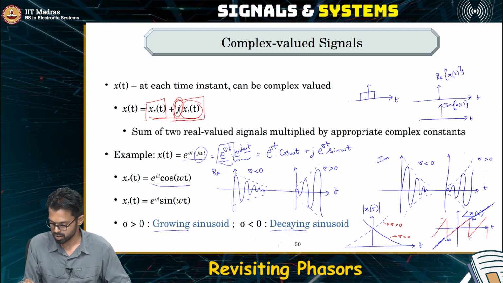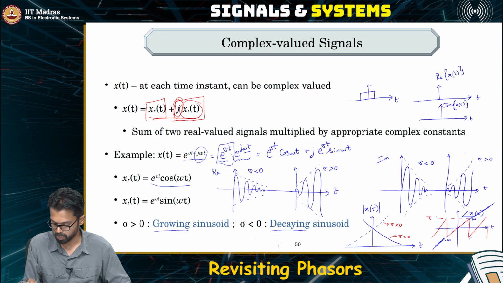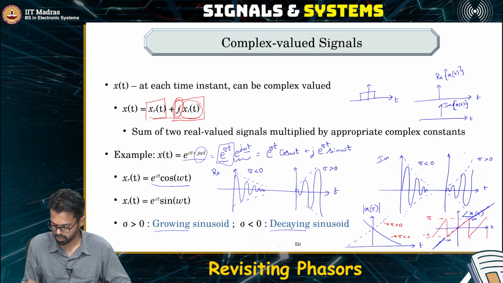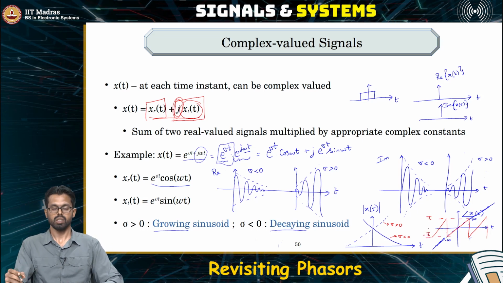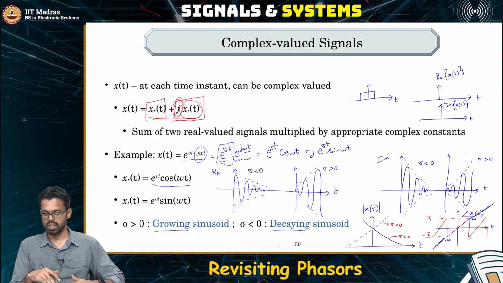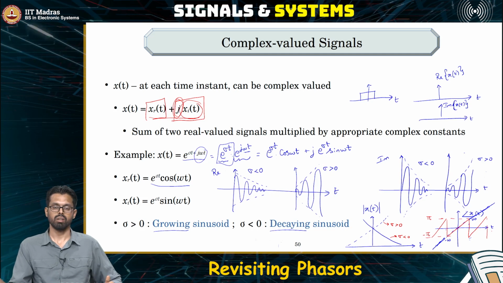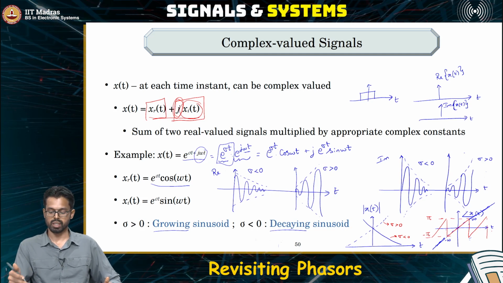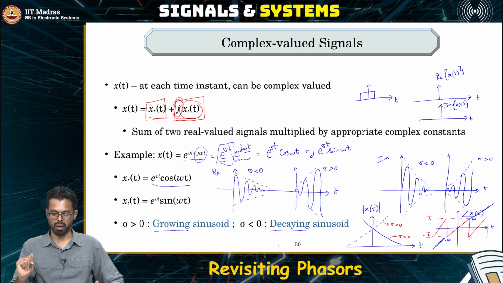This is pi, this is minus pi. So if you see a phase plot which looks like this, like a sawtooth wave, then actually it is just a straight line, with whatever the slope is. In this case, the slope is given by the frequency omega.